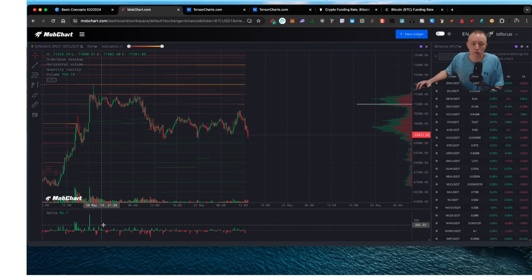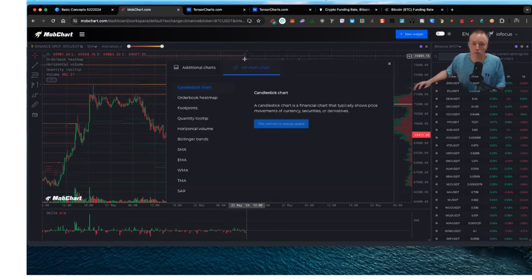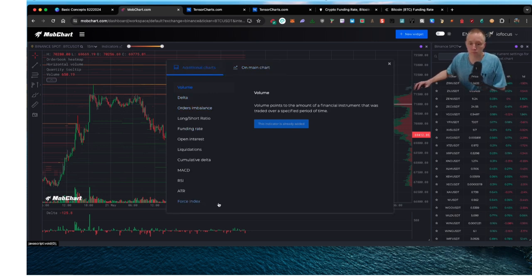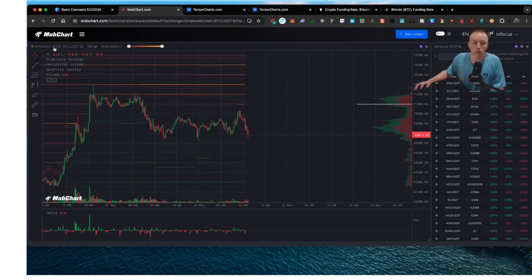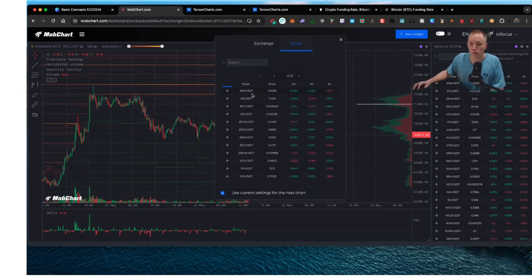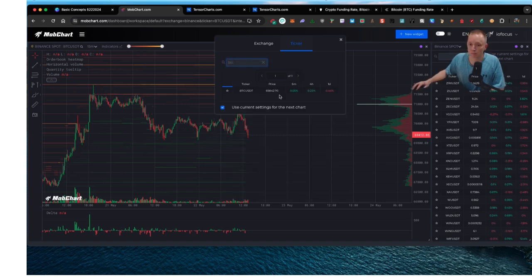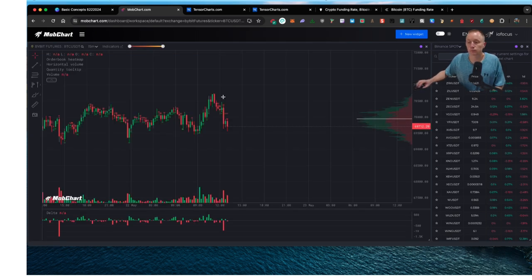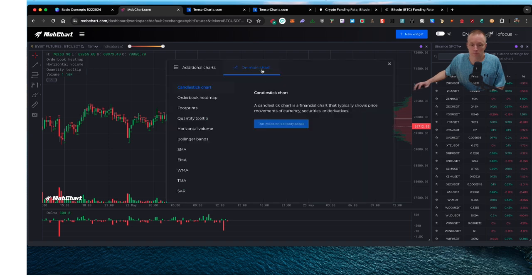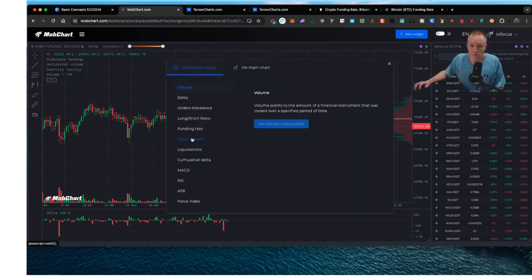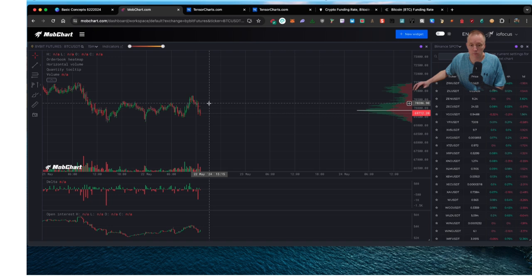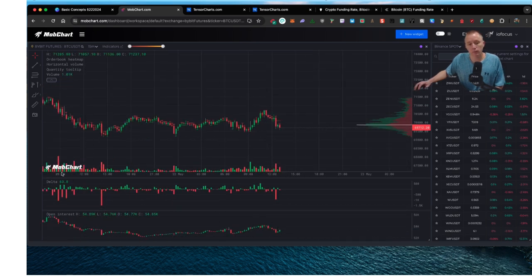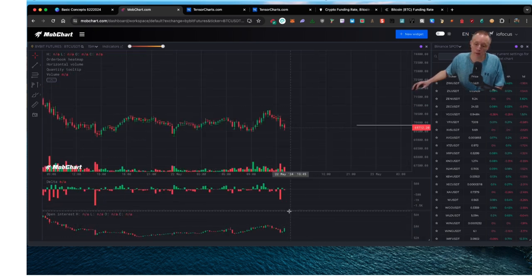And you have, obviously, here, this is volume delta I'm looking at, but if we wanted to add some regular, oh, I can't do some of my derivatives. Anyways, as we can see here, right, we've got open interest now on the bottom, and I could add funding rate and keep going.